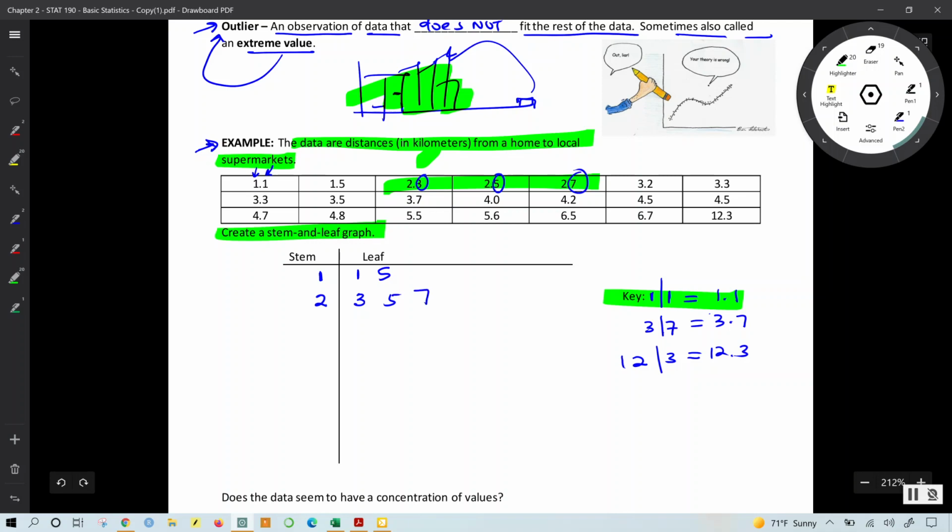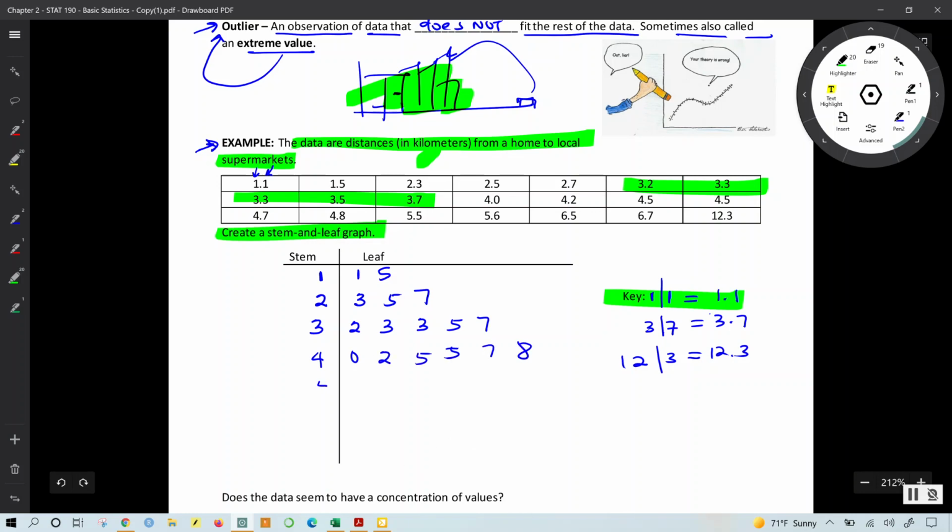Then next I have the numbers that start with 3, and that is 3 here. So you have 3.2, 3, 3, 5, 7. And then you have 4, you have 0, 2, 5, 5, 7, 8. Then for 5, you have 5 and 6 to represent these numbers. And then for 6, we have 5 and 7.